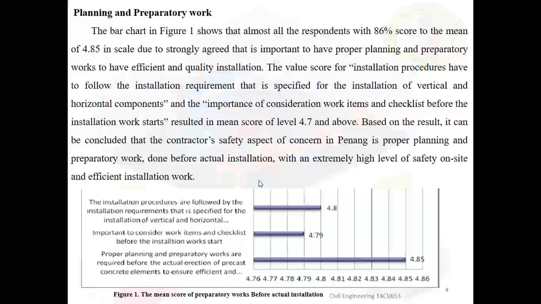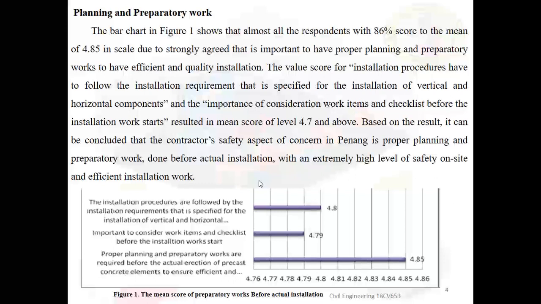The value score for installation procedures, with the following installation requirements specified for the installation of vertical and horizontal components, and the importance of considering work items and the checklist before the installation work starts, results in a mean score of 4.7 and above.